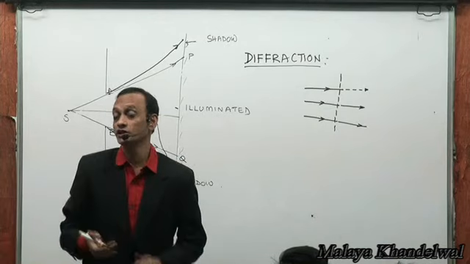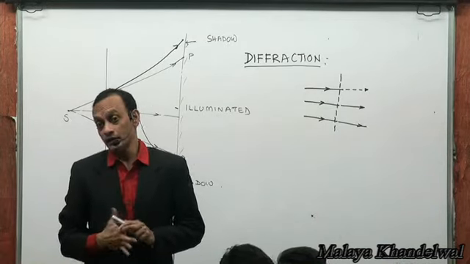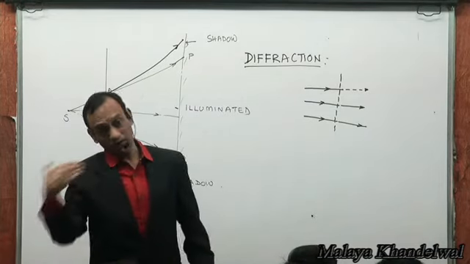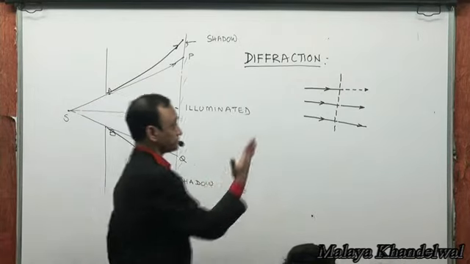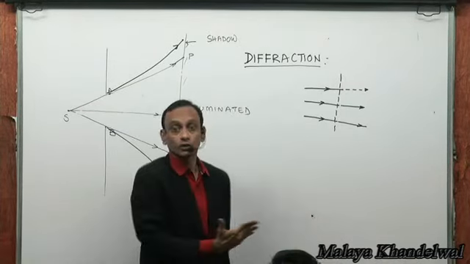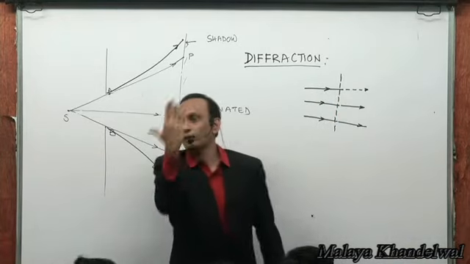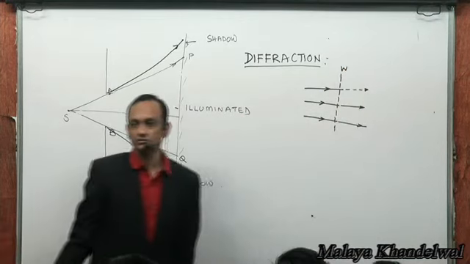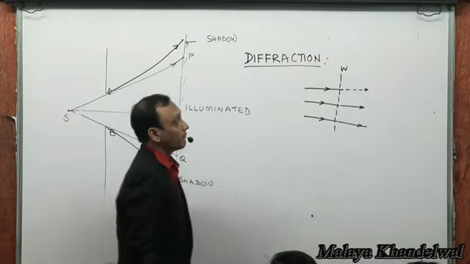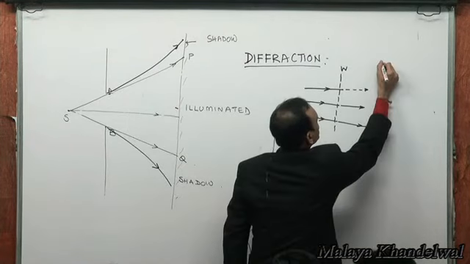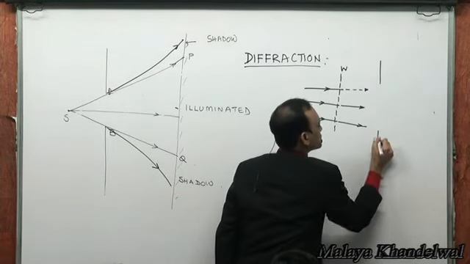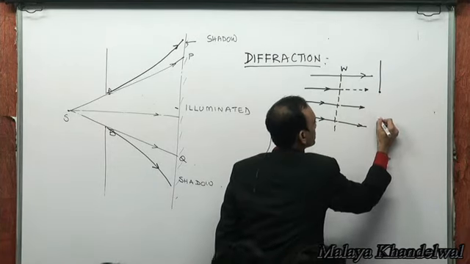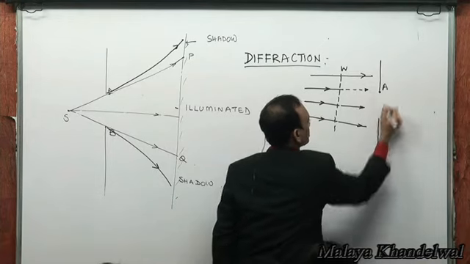A wavefront essentially is the locus of points of the same phase, where all particles in that locus will be in the same phase. So for a parallel beam, the wavefronts are parallel planes, right? So this, for example, is a wavefront. When this wavefront encounters an aperture, say AB.